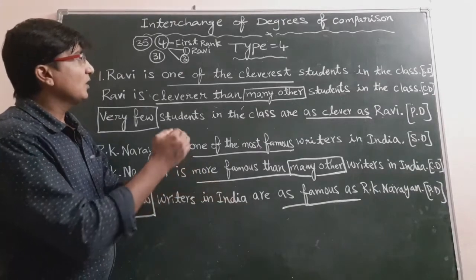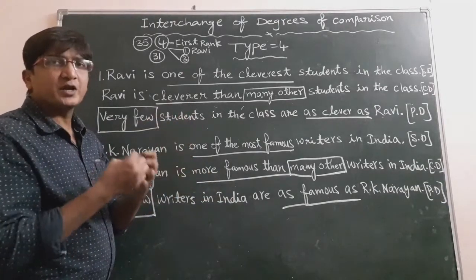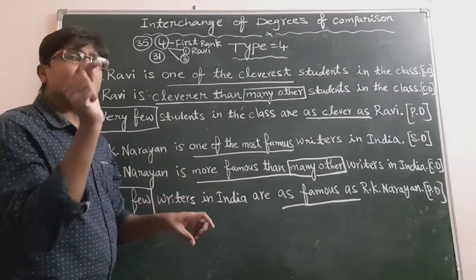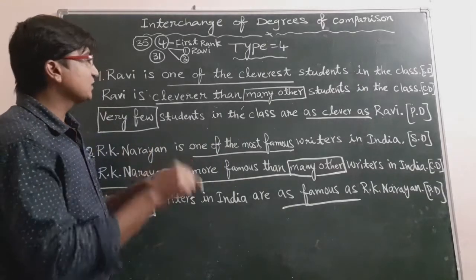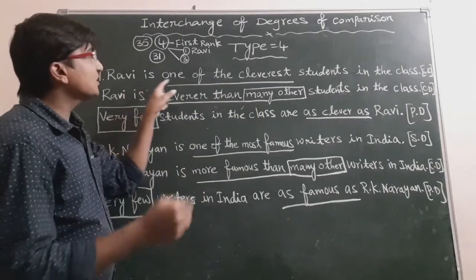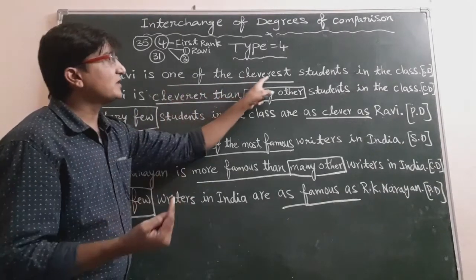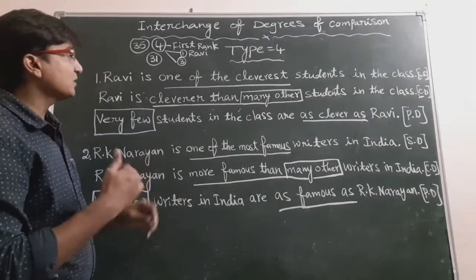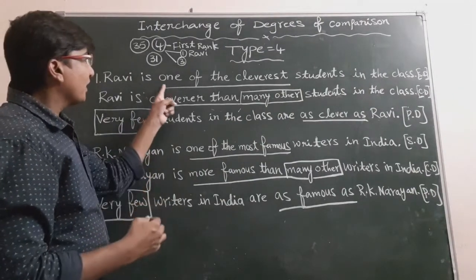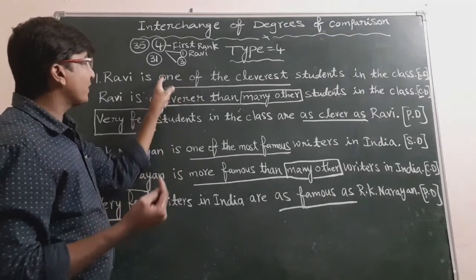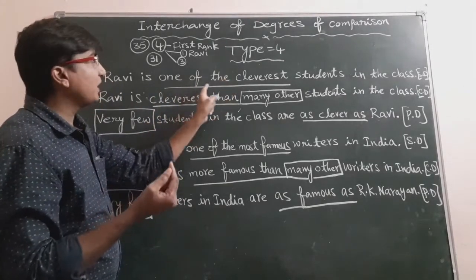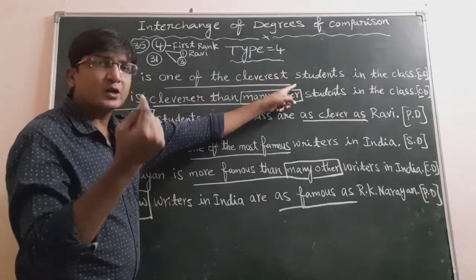Okay. So there are a few cleverest students. Among those cleverest students we are talking about one student. That's what here Ravi is one of the cleverest students in the class. Okay. So here in this sentence again, one of, we are talking about one student. So when we have one of, it will be followed by plural noun.